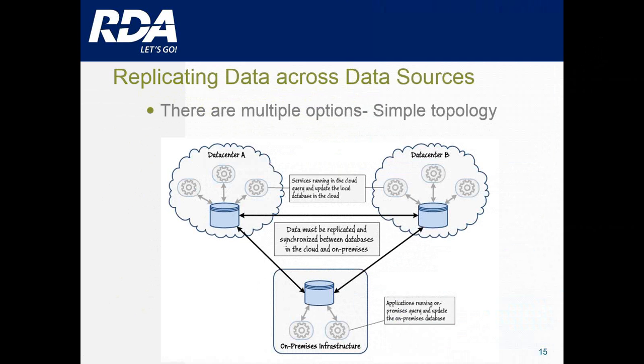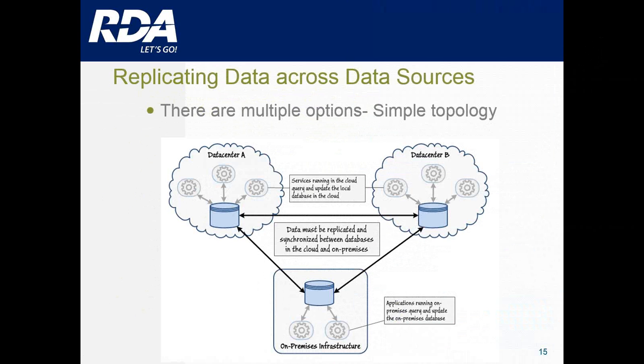In this scenario, the application running on premises and services running in the cloud can query and modify any of the data. They can connect to the most local instance of the data and perform the queries and make the necessary updates. At some point, all of these updates get transmitted to all of the other instances of the data sources. And of course, we have to make sure that all of the updates are applied in sync.